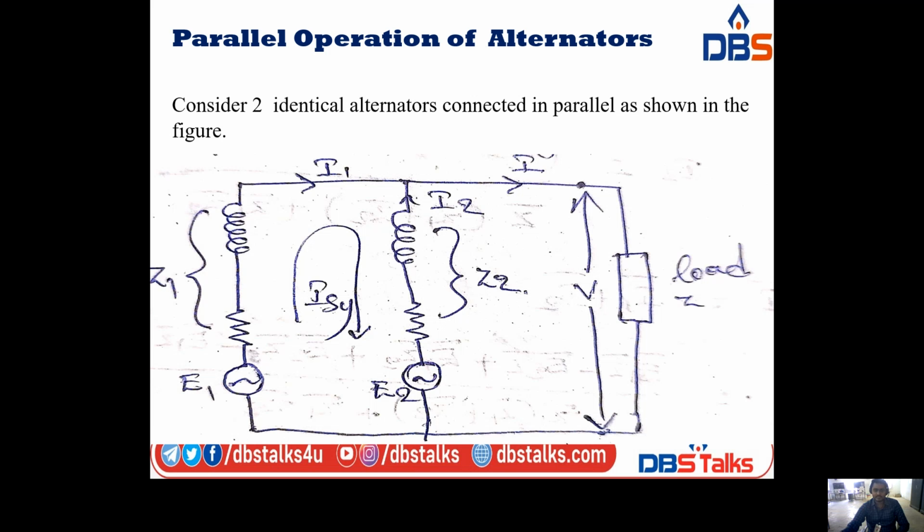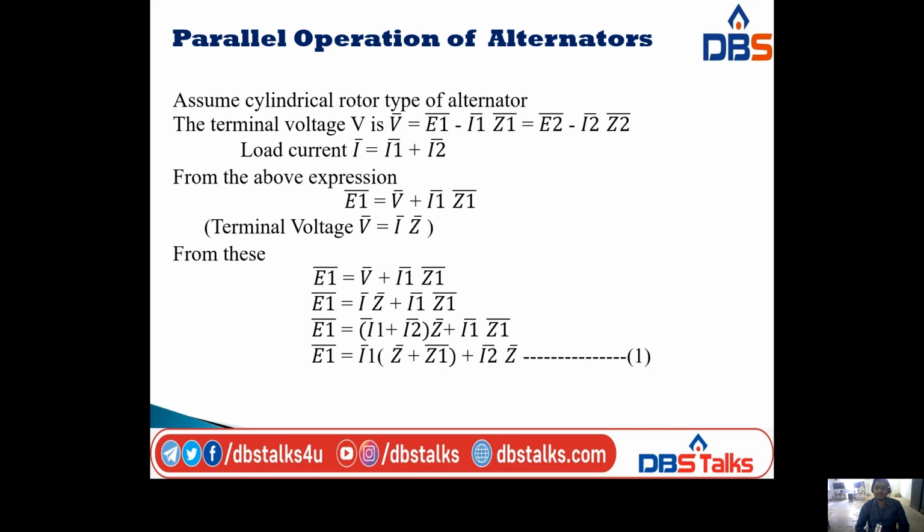Here I am assuming a cylindrical rotor type alternator. From that I write the terminal voltage: V bar is equal to E1 bar minus I1 bar into Z1 bar, which is equal to E2 bar minus I2 bar into Z2 bar.